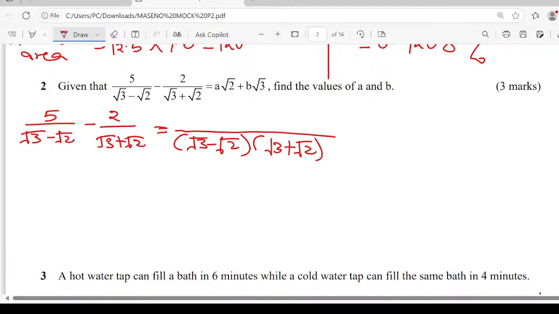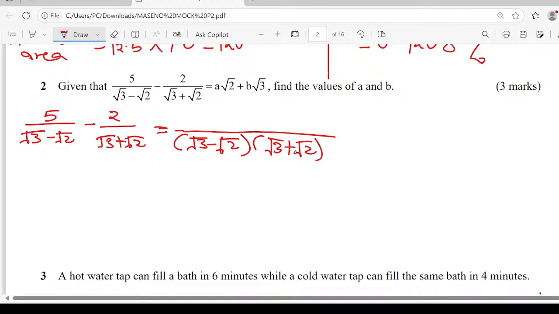Then we put that bar at the top there. I told you we are following just how we add or subtract fractions, that normal way. Nothing difficult in this question. Let me show you. So when I take the LCM, I divide by my first denominator. You are going to see root 3 minus root 2 is going to cancel with one of root 3 minus root 2 in my LCM.